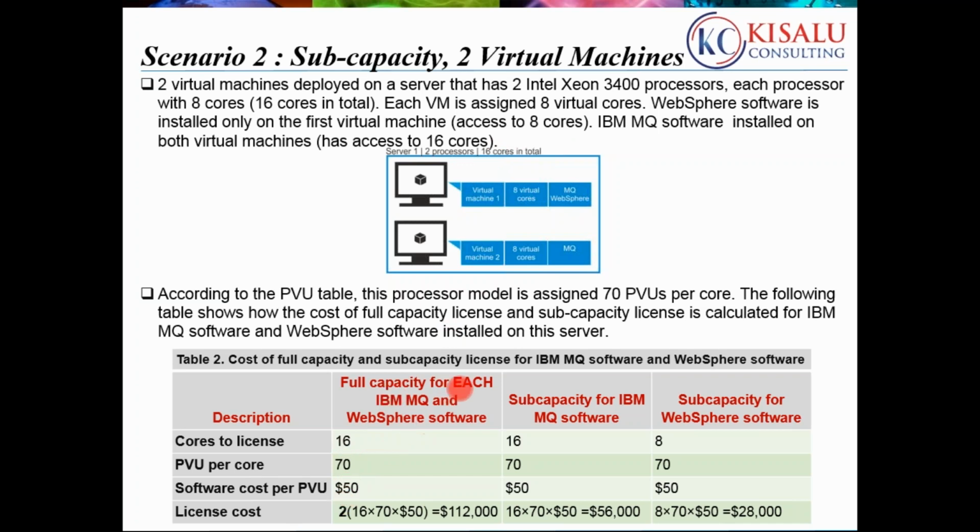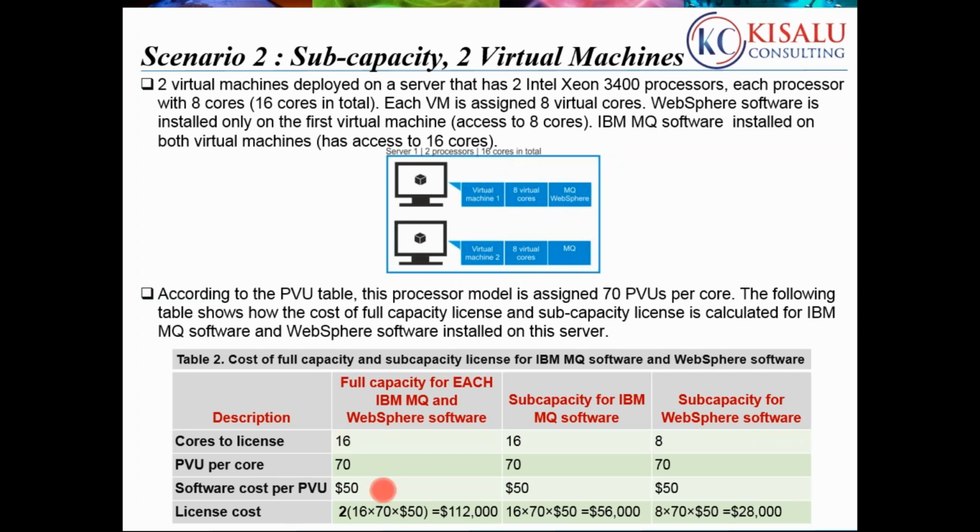We are running MQ and WebSphere, and if it is full capacity, which means we do not have virtualization installed, each of the software will have access to 16 cores.